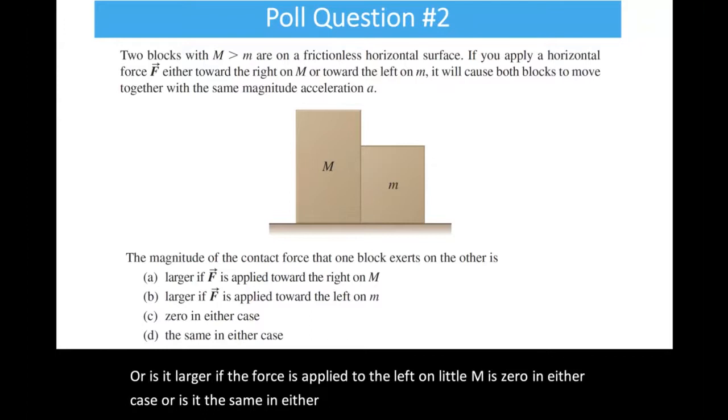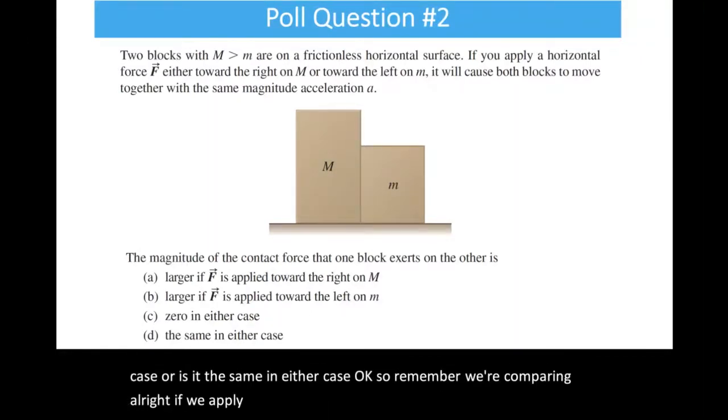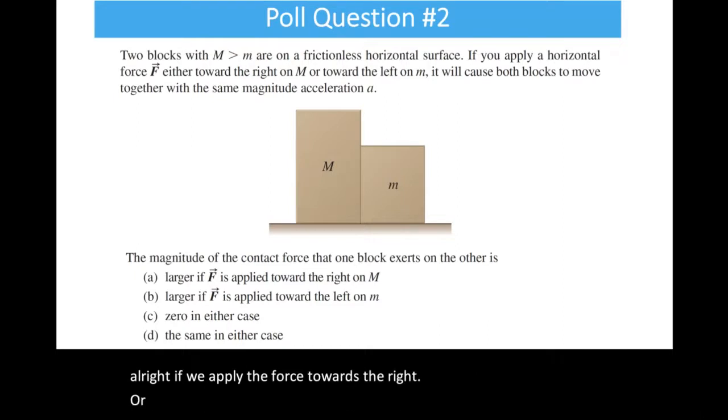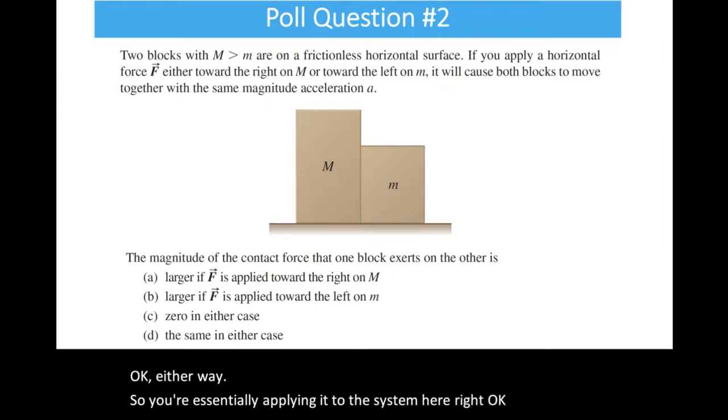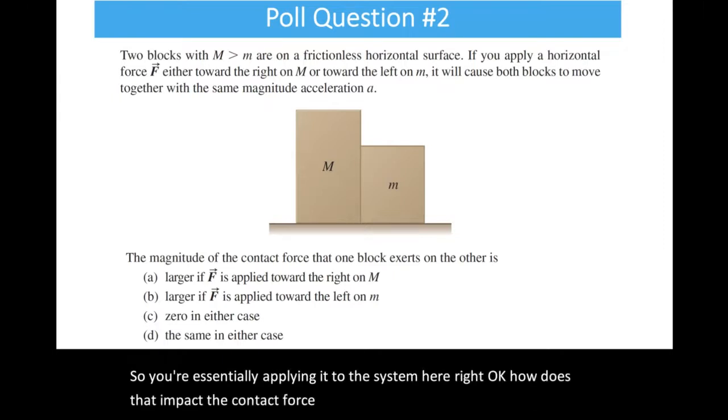Okay, so remember, we're comparing if we apply the force towards the right or towards the left, okay? If you apply the same force either way, you're essentially applying it to the system here, right? How does that impact the contact force? Does it make a difference?